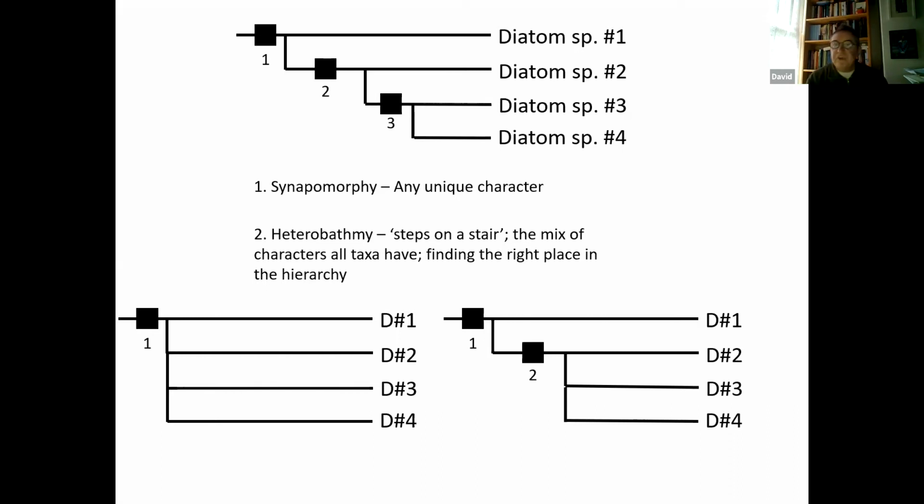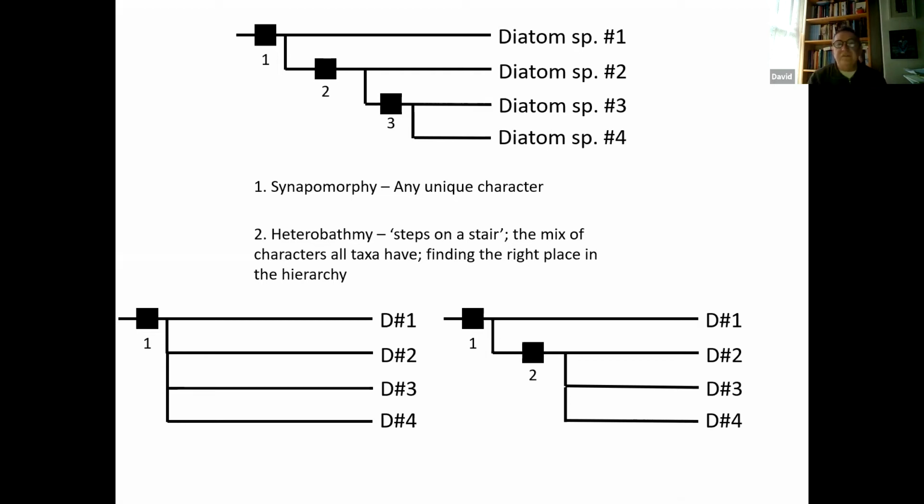Synapomorphy is climbing into the diatom literature in many different guises, and I think its use is varied, not just in the diatom literature but elsewhere, but that's the first of the most important things that we do searching through specimens.